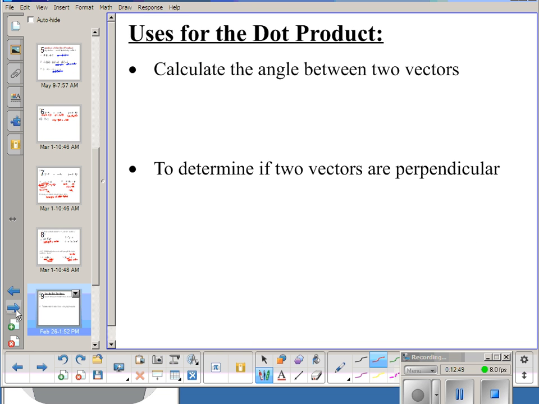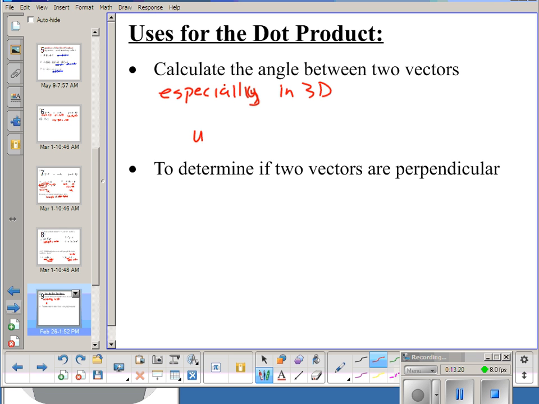Okay, so the last thing we're going to look at, one of the main uses for the dot product, is actually helping us find the angle between two vectors. If you have vectors in 2 dimensions, you can use a lot of triangle trig, law of sines, law of cosines, things to find the angles between them. It's not so easy when we are in 3 dimensions, but we can use the dot product, especially in 3D.